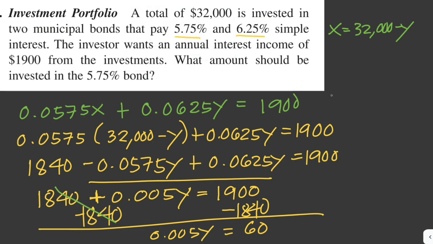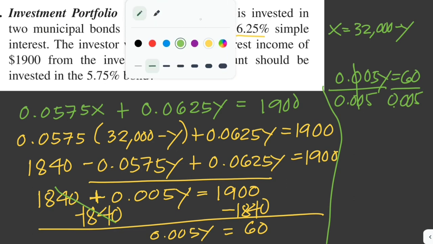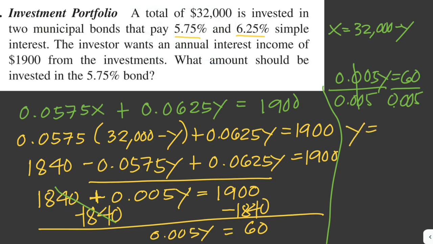And then we divide both sides by 0.005. Okay, so our y is just equal to $12,000.